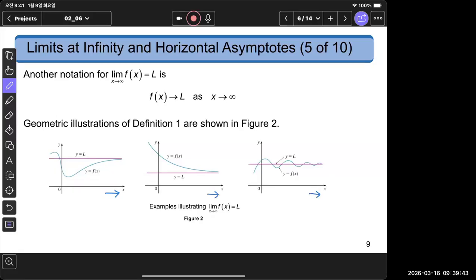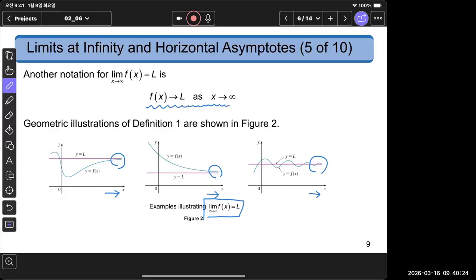In other words, as x increases, the value of the function may approach a certain value L from below or from above, or the values of the function may oscillate around L, but eventually they seem to approach the value L. In that case, we use this expression: limit of f of x as x approaches infinity is L. Sometimes instead of this notation, we may use this notation.